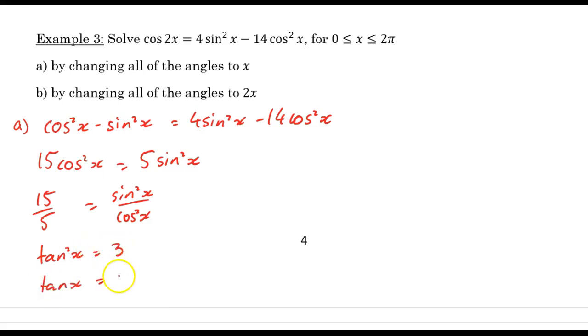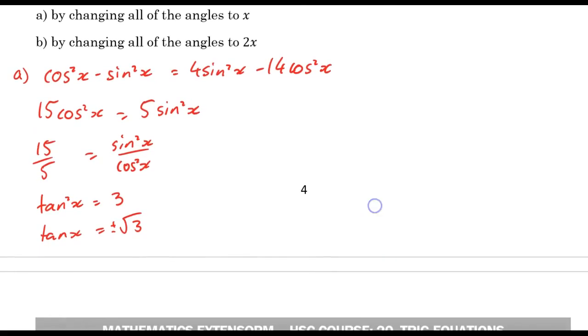Tan x is plus or minus the square root of 3. And that means that x will be, after answers from 0 to 2 pi, pi on 3, 2 pi on 3, 4 pi on 3, and 5 pi on 3.